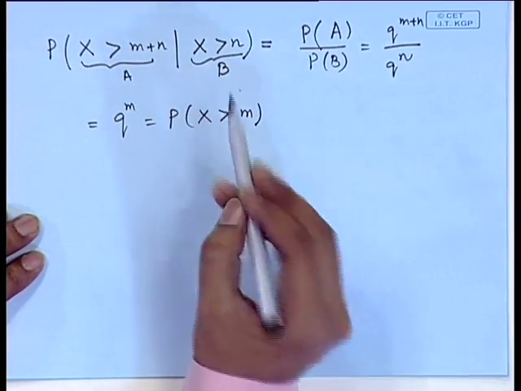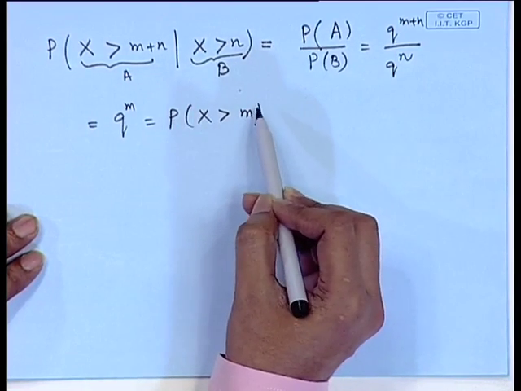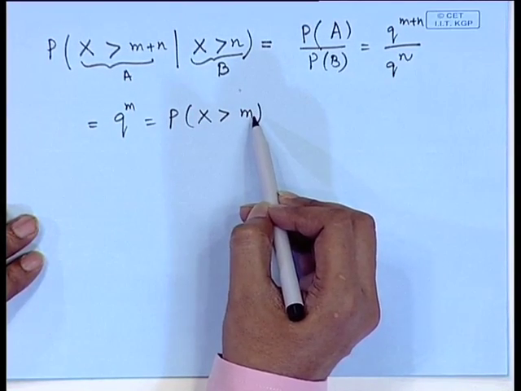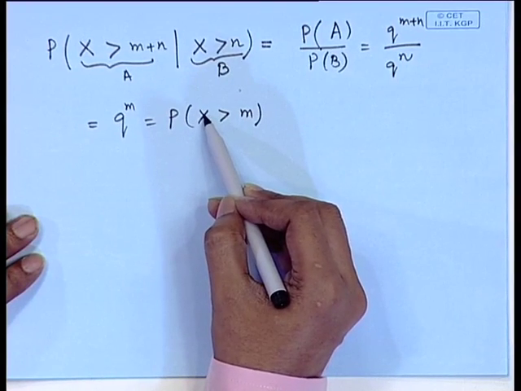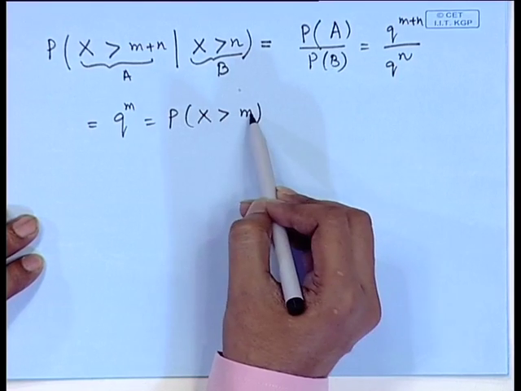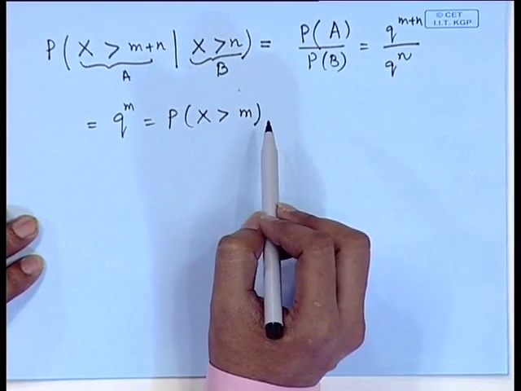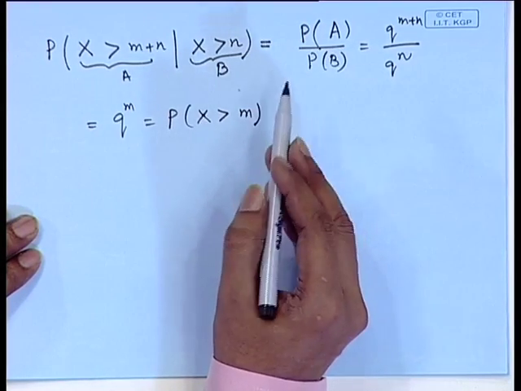Let us look at this statement carefully. Probability X greater than m denotes that the first success is observed after m trials, because we are saying X is the number of trials needed for the first success, and I am saying X is greater than m. That means that there is no success observed till mth trial.